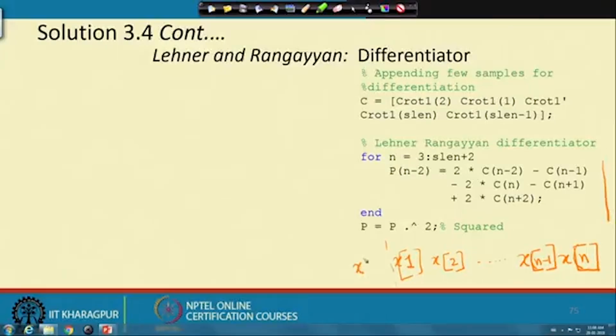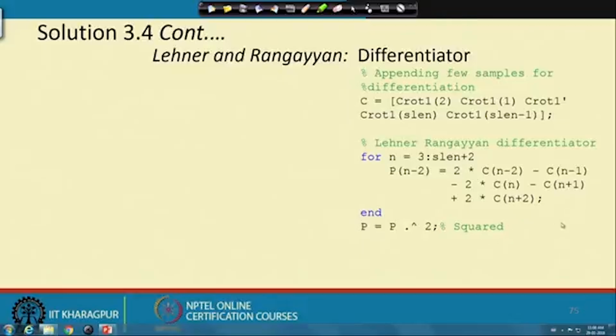We are having again x 1 and x 2 at the start, and at the end, after this, we are having x n plus first, x n and then followed by x n minus 1. So, you get it here. That is the way we have increased the length, to give it the maximum smoothness there, because if we pad with 0, it will unnecessarily give rise to some high frequency at that point.